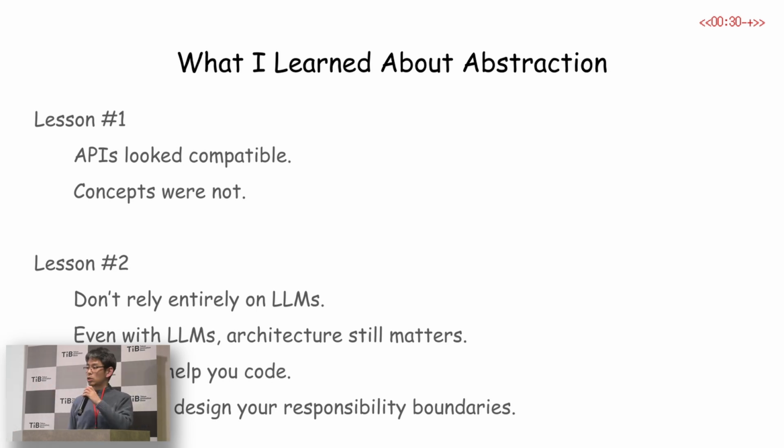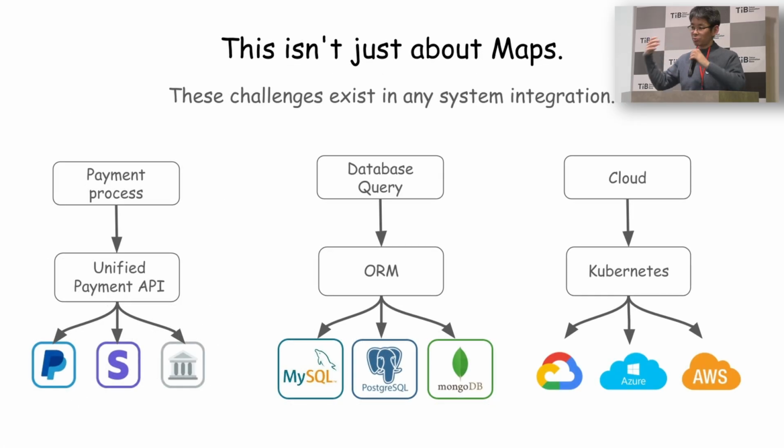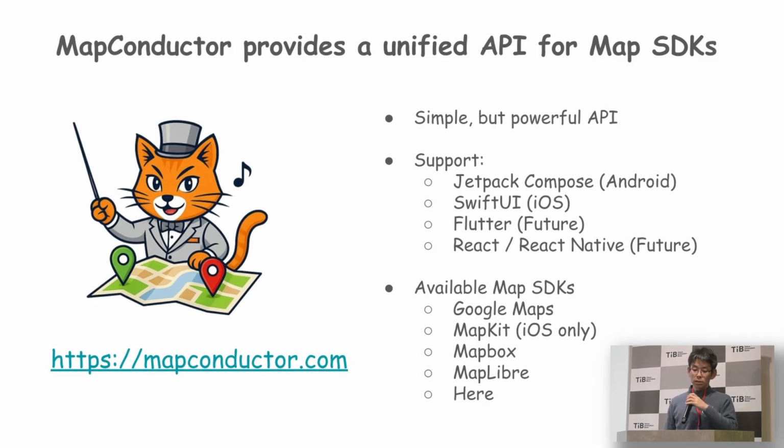And if you create something, yes, you can use LLMs. However, we should take responsibility for our code. And this is not just about maps. This challenge exists in any other field.